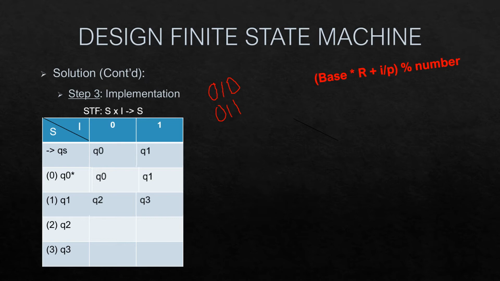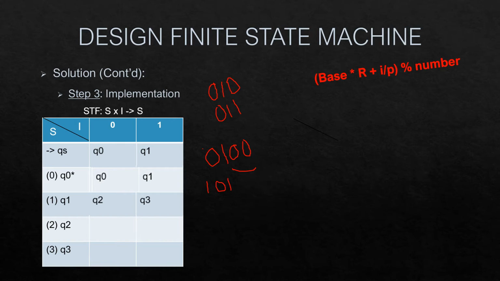Now what happens when I am in Q2 state? That means my previous division had given me remainder 2, that is 10, and the next input I am getting is a 0. That means 100 is nothing but 4. So 4 divided by 4 will give me remainder 0. And when I divide 101, that is 5, why 101?